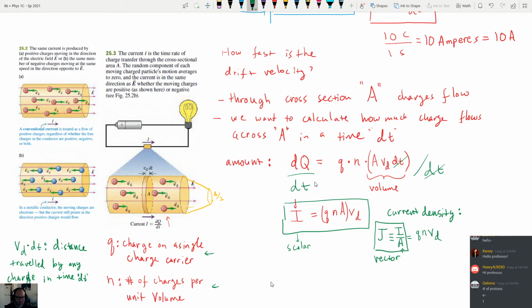So just to give you an example, let's say that I have a wire that looks like this. Okay, and let's say I have current flowing through it here. So current flows in here and it flows out this way. So an electric current, which means there's charges that are flowing through here, right?